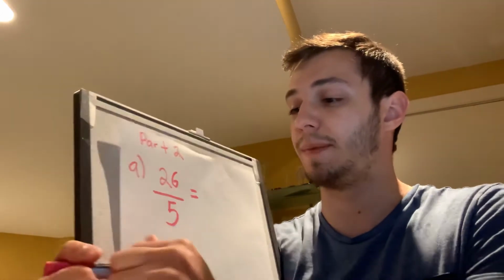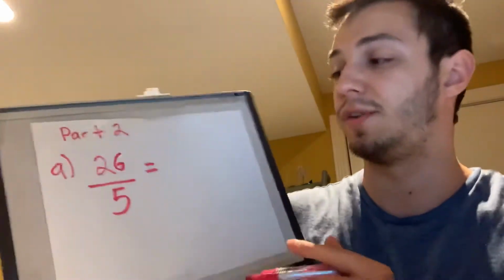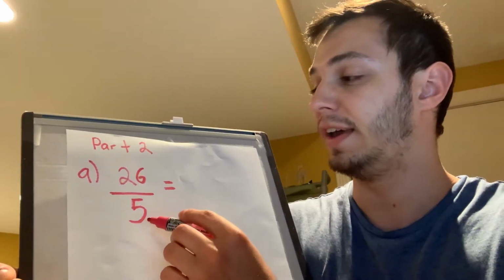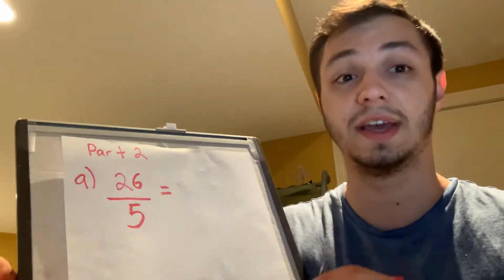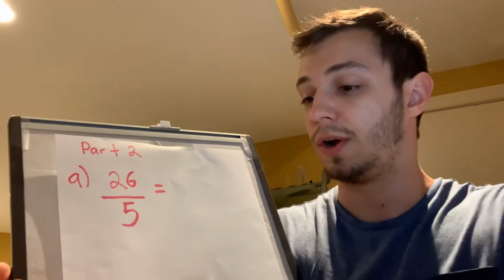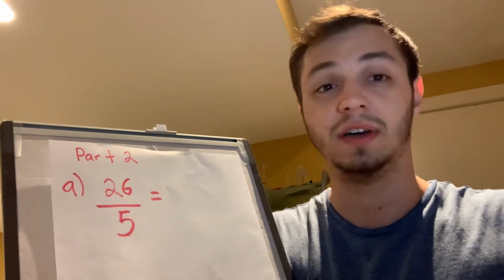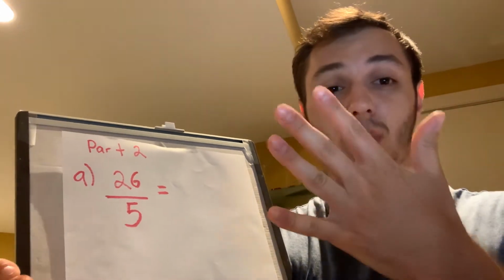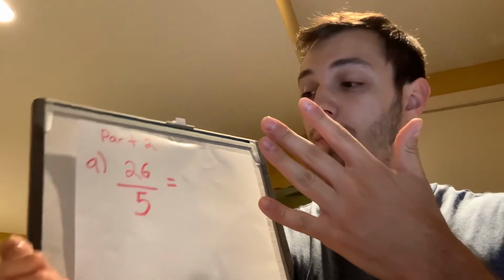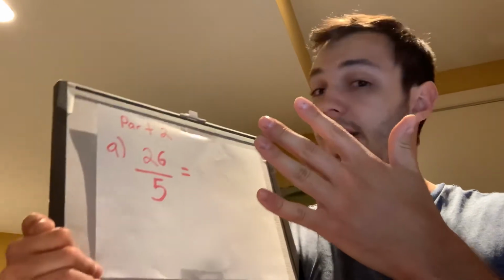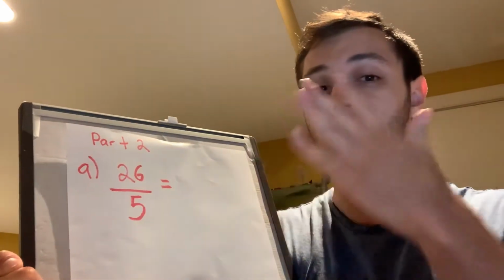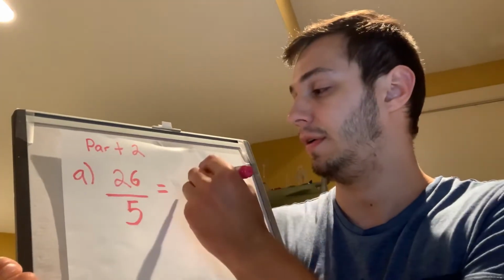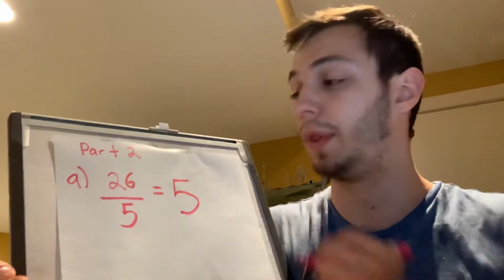Our first step is to find out how many times 5 can divide into 26 an even number of times. So we can skip count by 5s. 5, 10, 15, 20, 25, right? If I go one more, I'll get 30. That's over. We don't want to go over. So 5 is going to be our whole number.